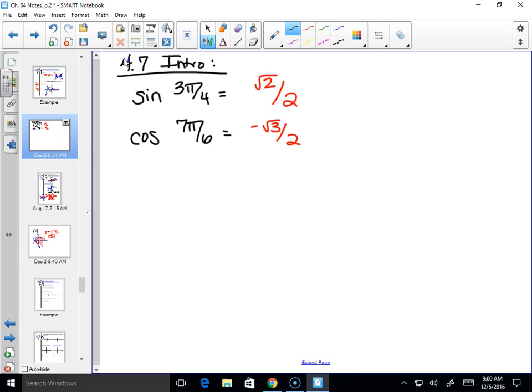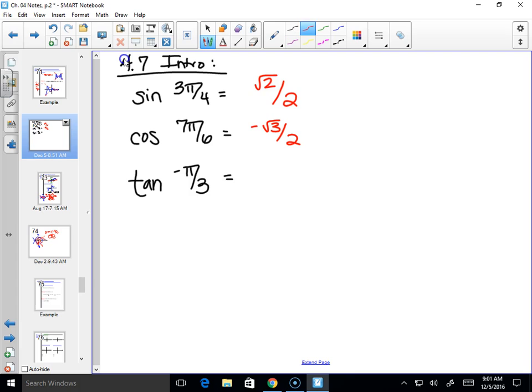How about tangent of negative? Ooh. Take some time. Take 30 seconds. Tangent of negative pi over 3. Oh, that's 4 quadrants.